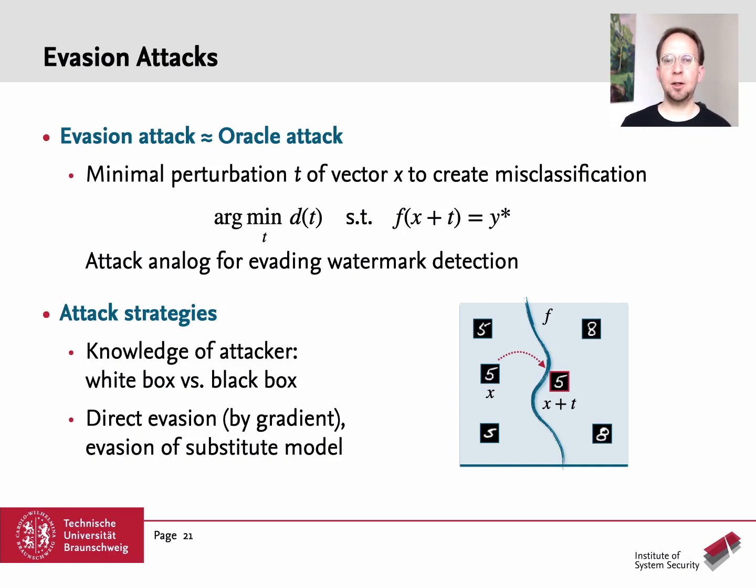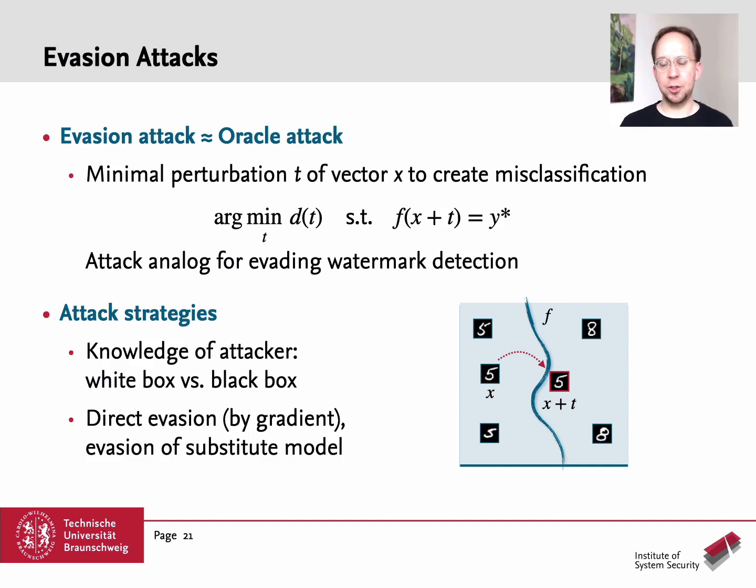So an evasion attack or oracle attack, or nowadays often called an adversarial example or adversarial input, is a very small perturbation of an object x that tries to mislead a classification or tries to mislead a watermark detector. So the idea is I'm looking for a small t.